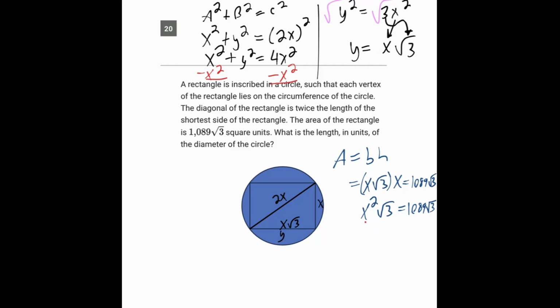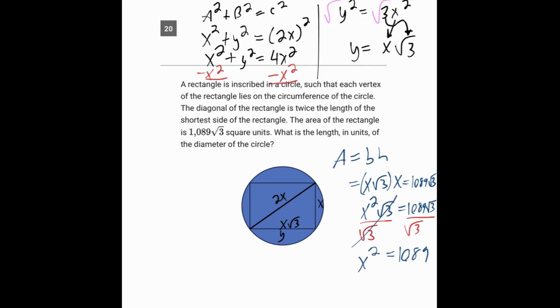Now we can divide both sides by root 3, and we'll get x squared equals 1089.